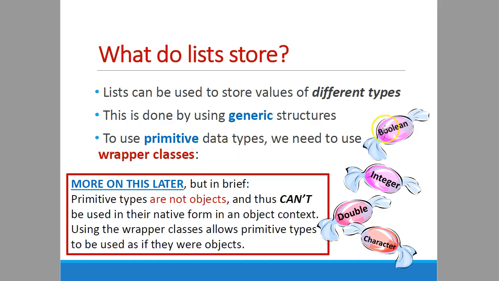These look just like the primitive types, but they're slightly different. It's capital Integer, capital Double, capital Character, capital Boolean. These are just wrappers around the primitive types so that you can use them with parameterized types, such as what we're dealing with, the array lists.